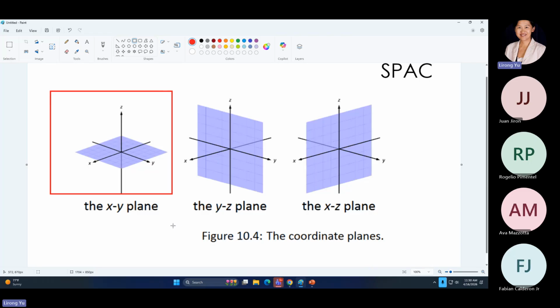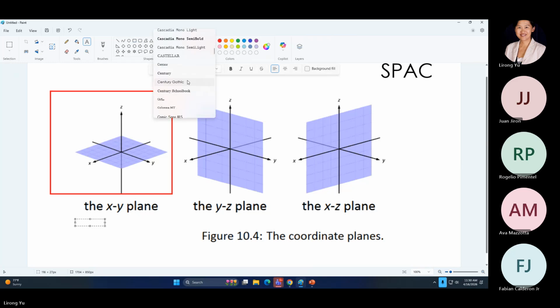In that plane you have different x values and y values, but every point has the same z value. Guess what the z is in the xy plane? z equals 0. So the equation for the xy plane is z equal to 0.